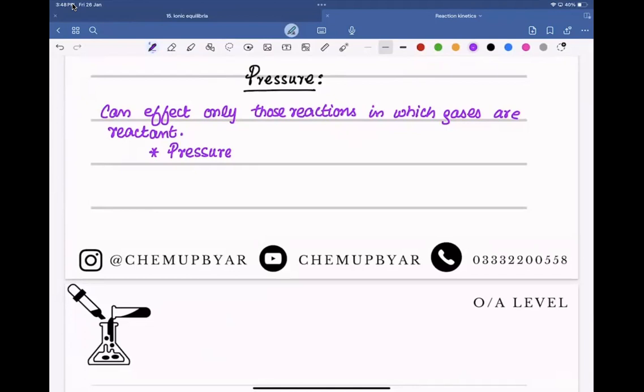So it means if the pressure is higher, then the gas particles are closer to each other, the frequency of the collisions will be higher and the rate of the reaction will be faster.